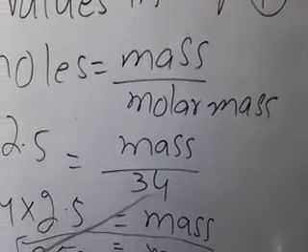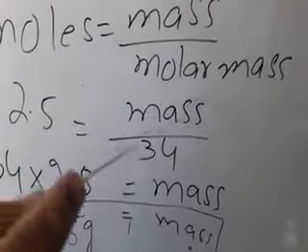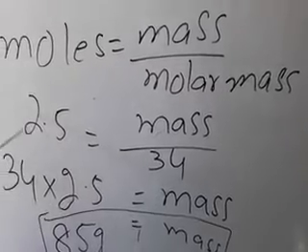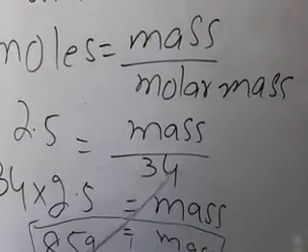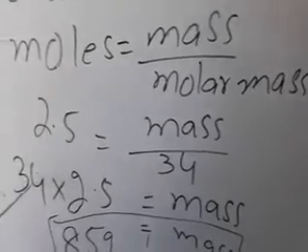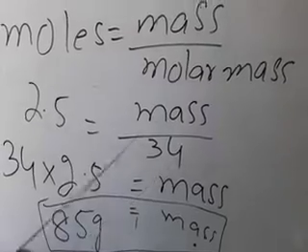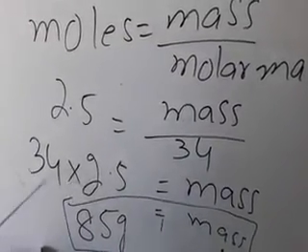We put it here. Now we know that we want to calculate mass, so we have to take this 34 to the other side of the equation. So we'll apply the mathematical procedure, and mathematically this will be multiplied on the other side of the equation as it is being divided here. So mass will be equal to 2.5 into 34.